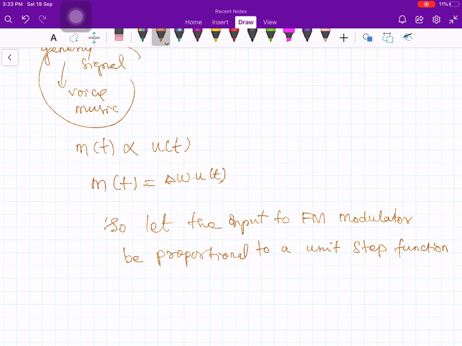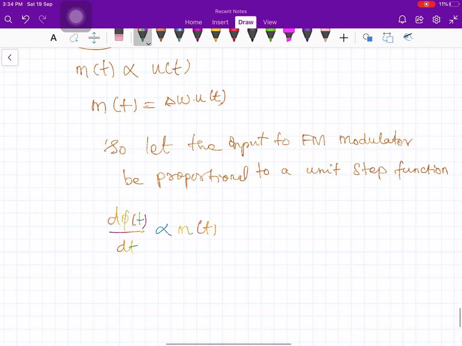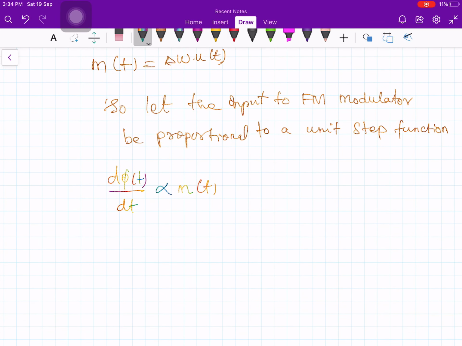Now we said d phi of t by dt is proportional to m of t. Let us make the proportionality constant 1, therefore d phi of t by dt is equal to delta omega times u of t.